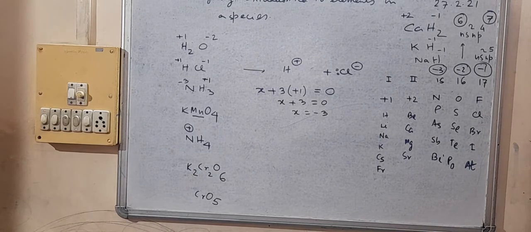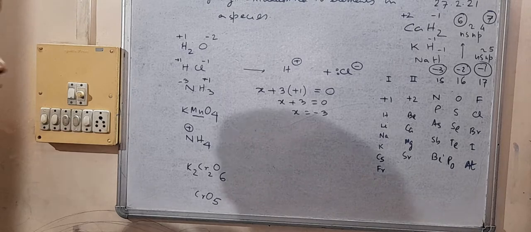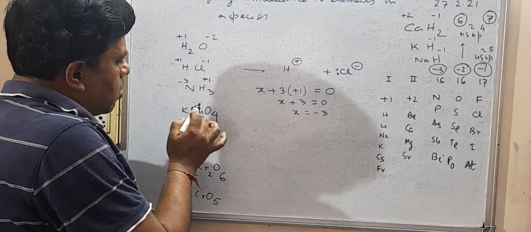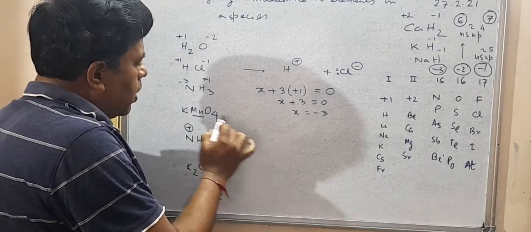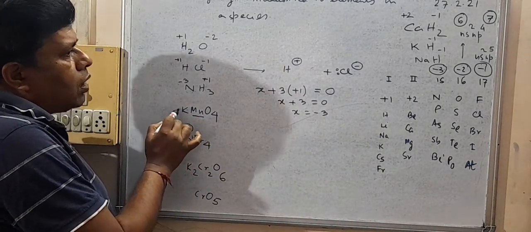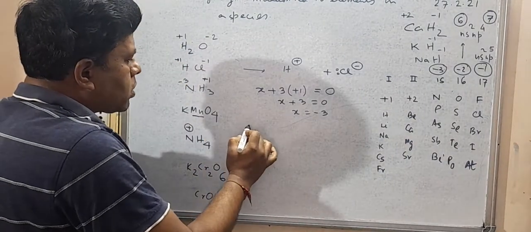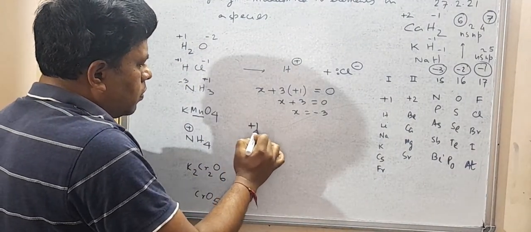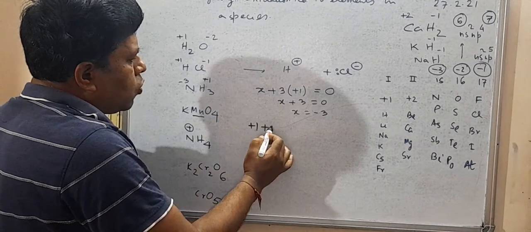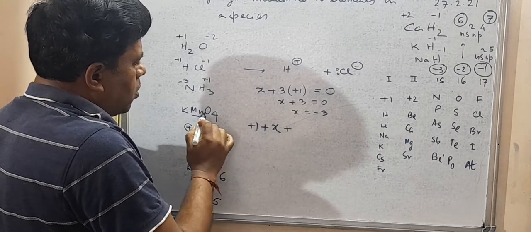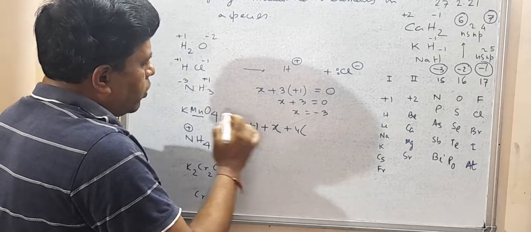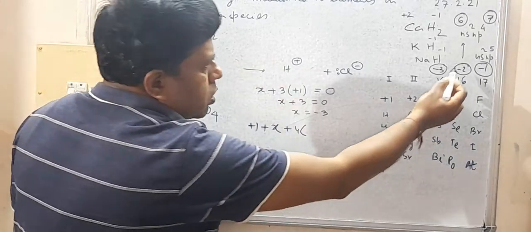What we will do is first say, let the oxidation number of Mn be X. So it will be like this: K is a group 1 element, so K will be plus 1, plus Mn, we don't know, X, plus oxygen, we know oxygen is minus 2.